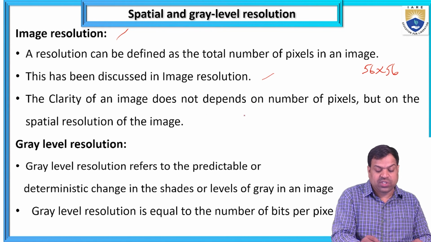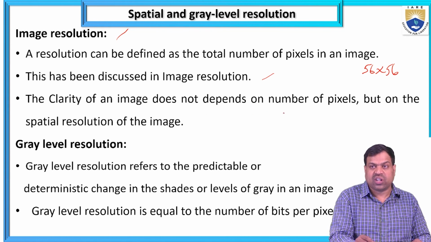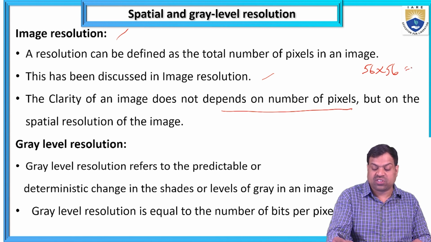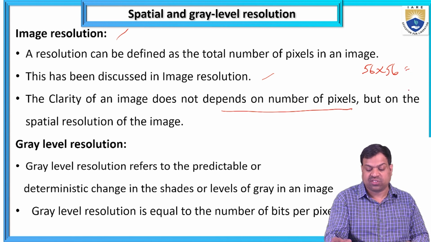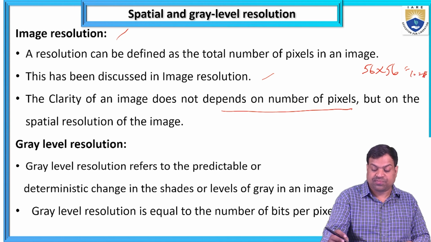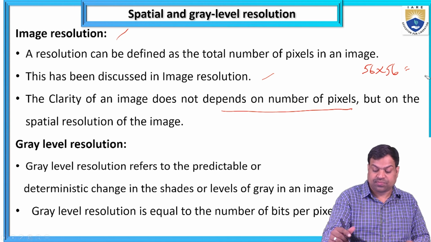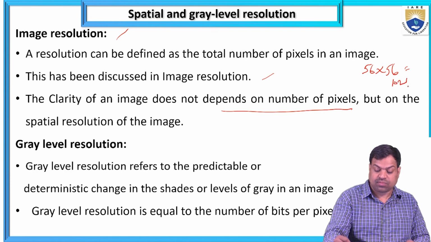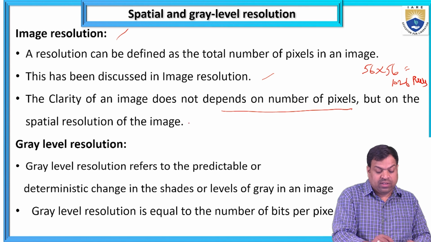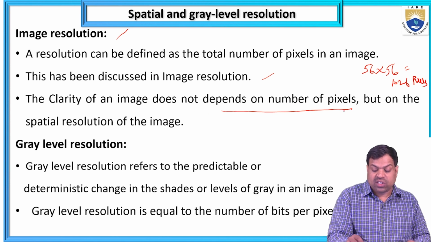The clarity of an image does not depend on the number of pixels. How many pixels are there? Suppose 56 into 56. For example, 1026. It does not depend on the number of pixels.